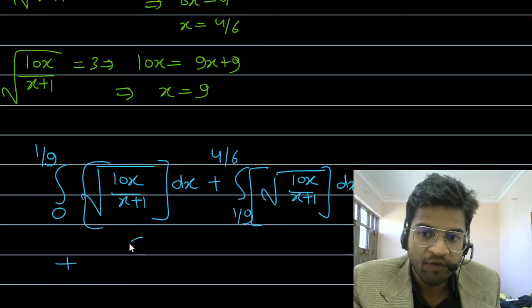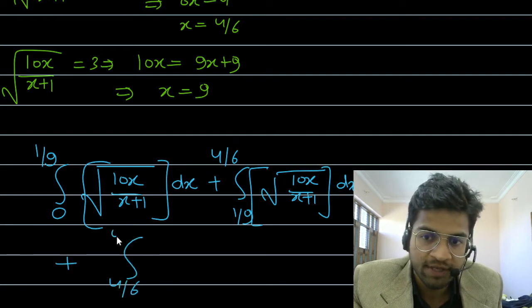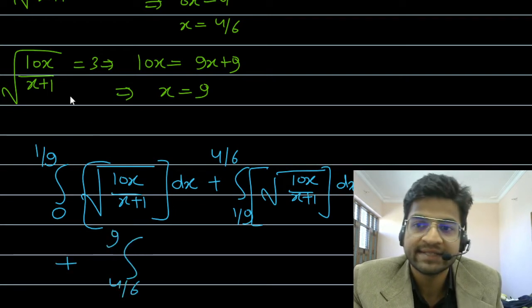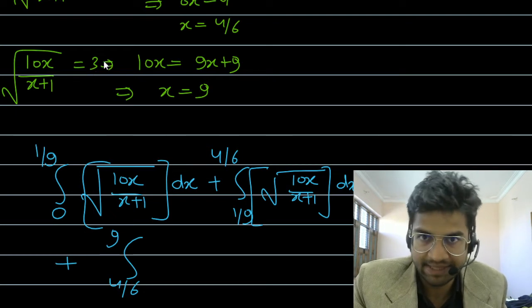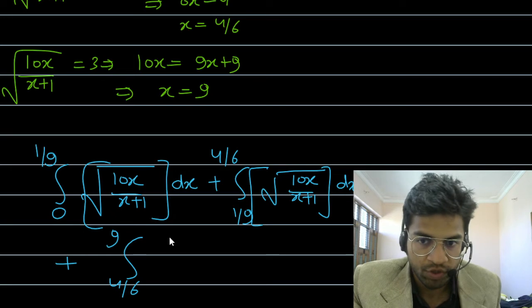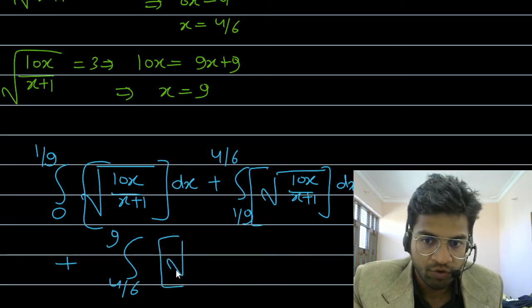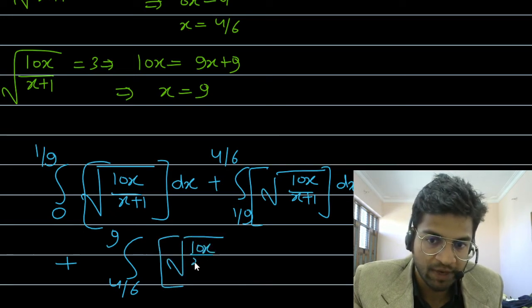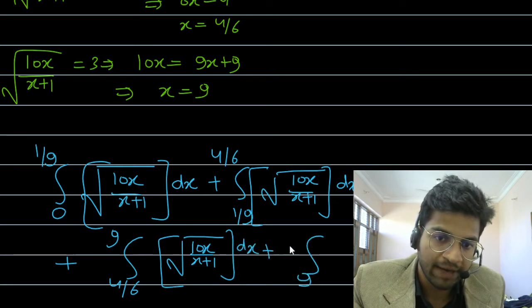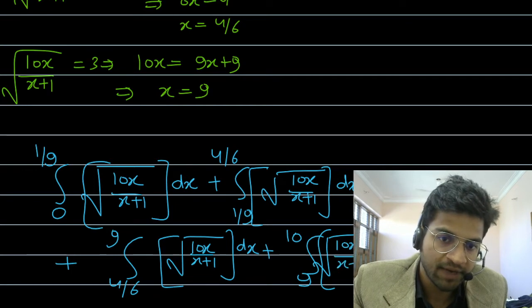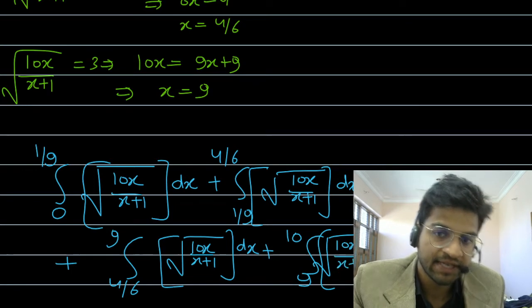Then third is 4 by 6 to 9, because for x equal to 9 this root expression is equal to 3. So for less than 9 it will be less than 3 and the greatest integer will be 2. And last it is 9 to 10 of the greatest integer of root 10x by x plus 1 dx.